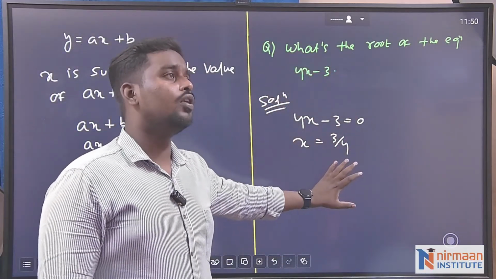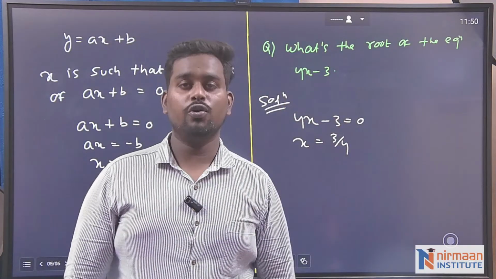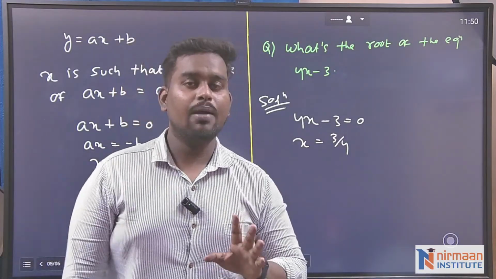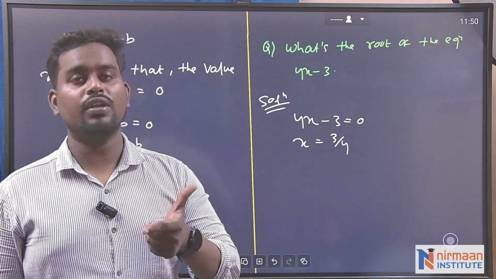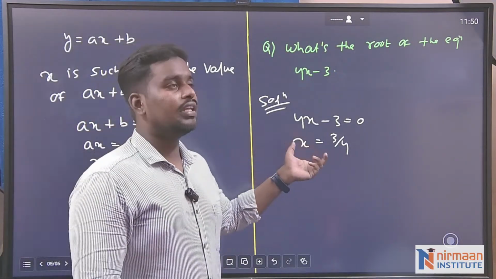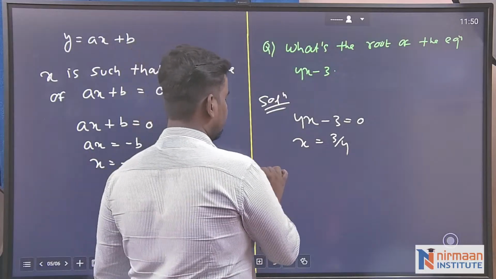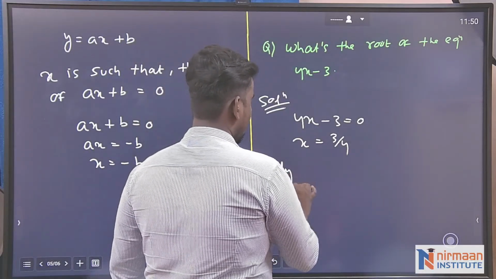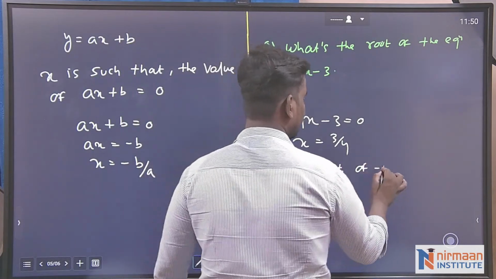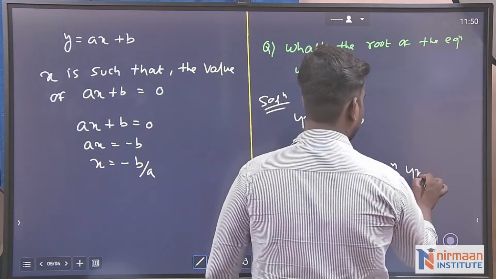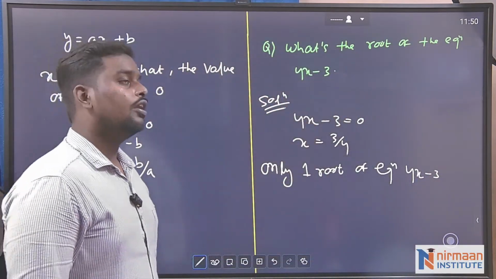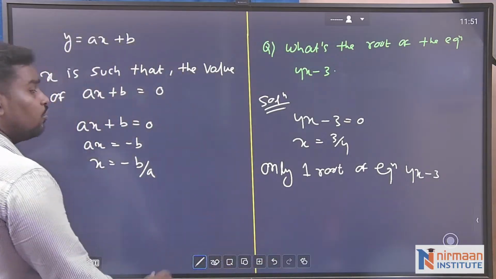If x is 3/4 only, that equation got a root. Only one value of x was found, 3/4, so the equation became 0. So we got only one root. There is only one root of the equation 4x minus 3. What is the root? 3/4.